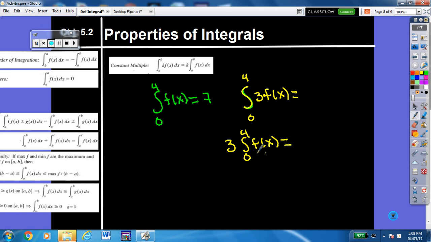We already know that that's 7, so the answer would simply be 3 times 7, which is 21. And you can only do this if the coefficient is a constant. If there is an x here, this property no longer applies because it's no longer a constant, it's now an actual function. Okay? So that was pretty basic.